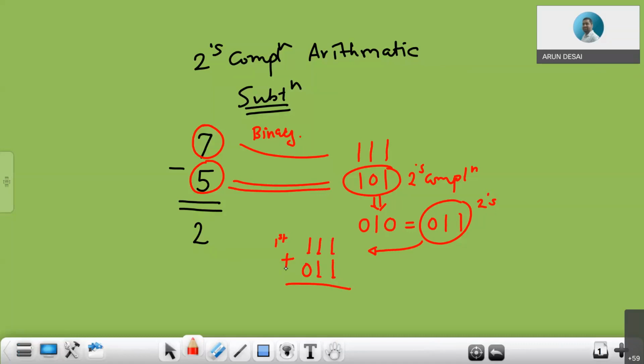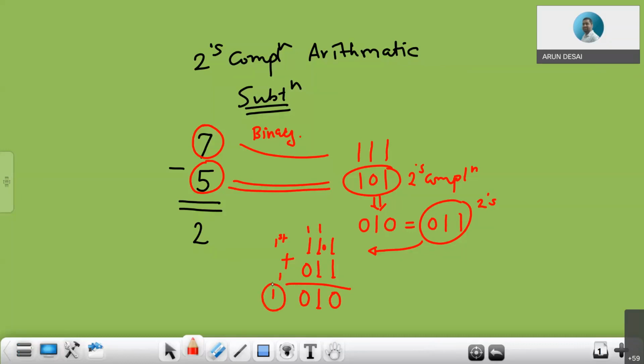Now, what is the addition? 1 plus 1 is 0, carry 1. 1 plus 1 is 0, carry 1. 0 plus 1 is 1. Right. Now 1 plus 1 is 0 and carry 1.